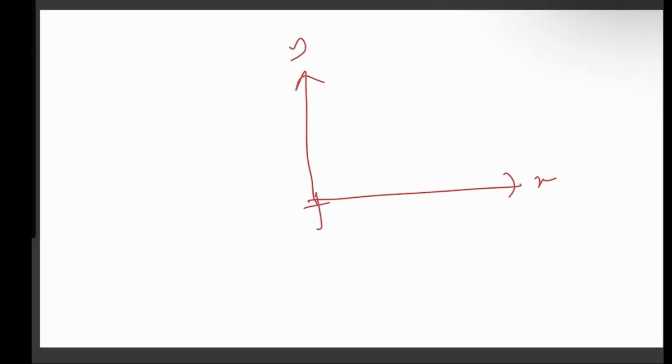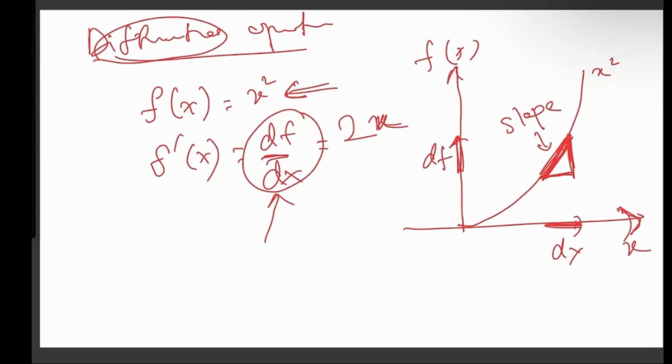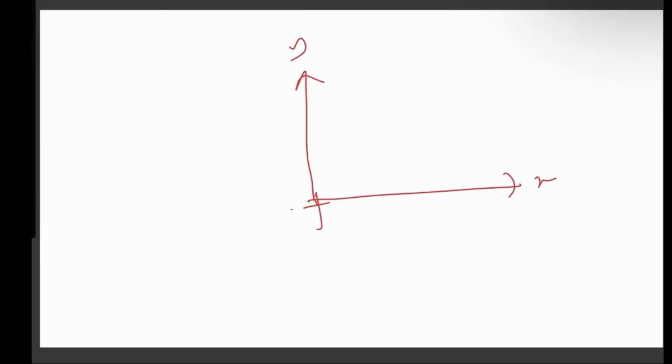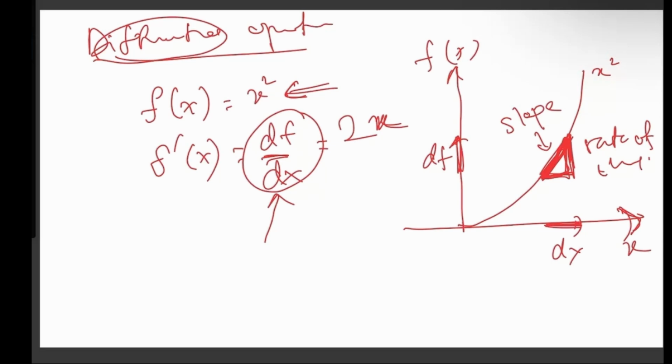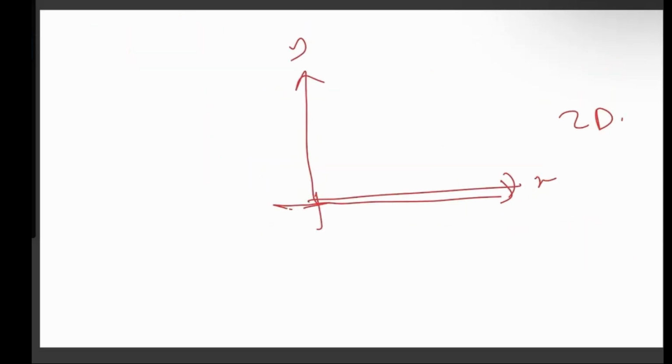This one is just a curve, where we get the rate of change at this point on the curve. This one is 1D, and for 2D, this one is 2D.